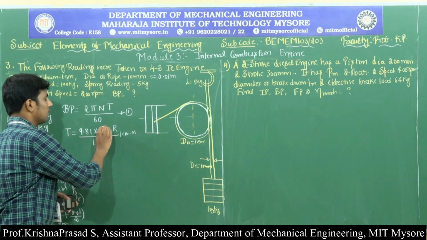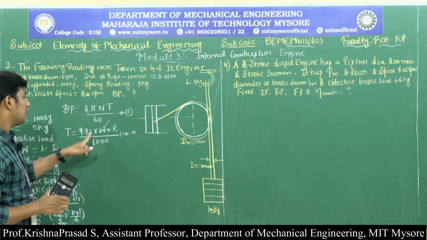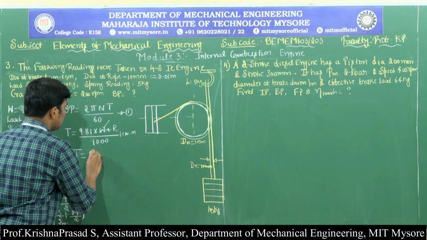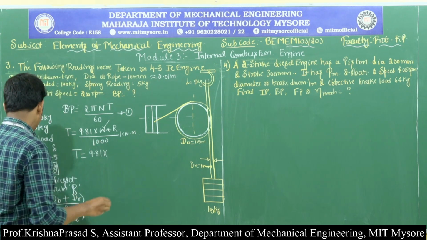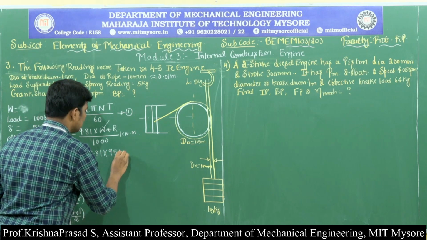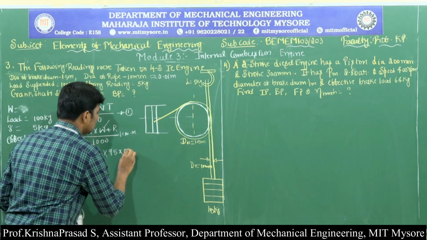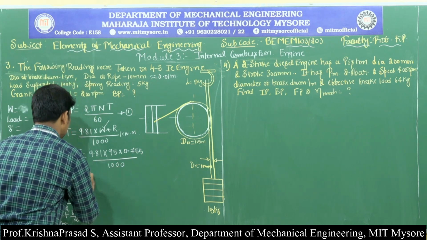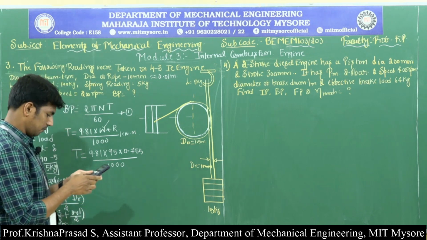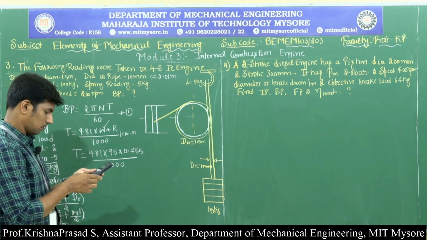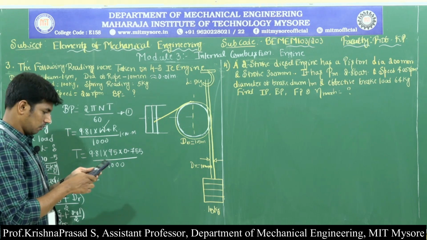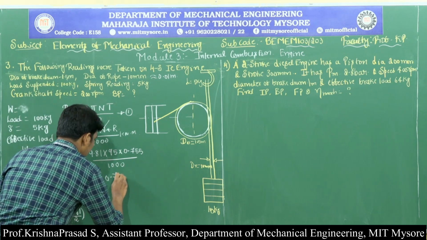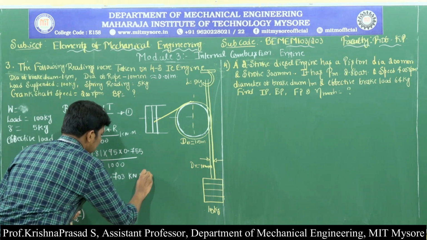Once we got the effective load on the brake drum and the effective radius of the brake drum, then we can calculate the torque, that is 9.81 into W, it is 95 kgs, radius it is 0.755 divided by 1000. Therefore, torque equals 0.703 kilonewton meter.